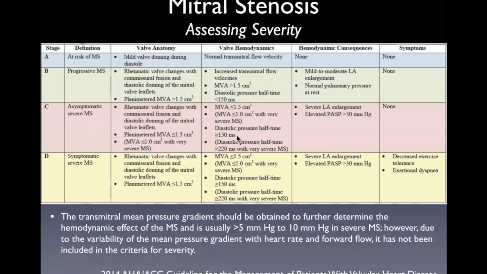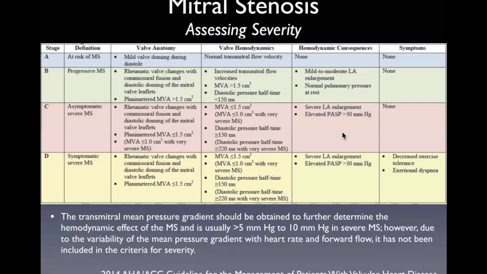The diastolic pressure half time of greater than 150 milliseconds essentially equates to valve area 1.5. Remember the equation for mitral valve area by pressure half time is 220 divided by the pressure half time, right? So that's why very severe is greater than or equal to 220 milliseconds pressure half time, because that equals mitral valve area 1.